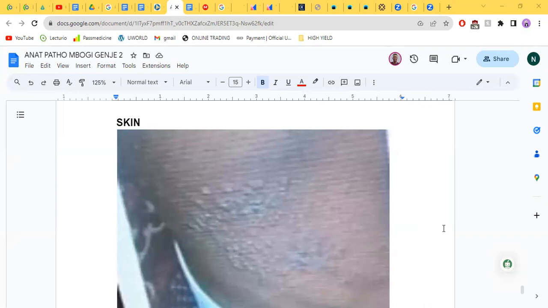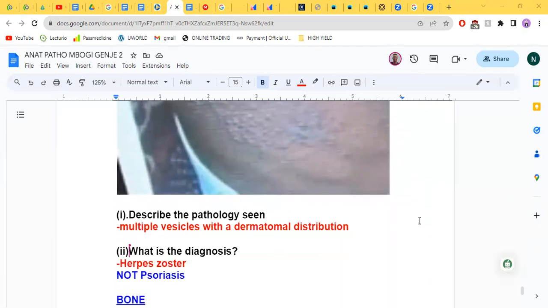Herpes simplex 1, shingles. So the diagnosis would be shingles. Awesome. Next, shingles, herpes zoster. There are multiple vesicles with a dermatomal distribution. Shingles. Careful not to write psoriasis.